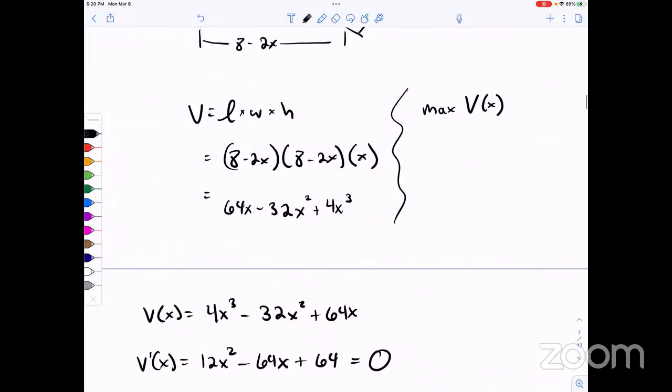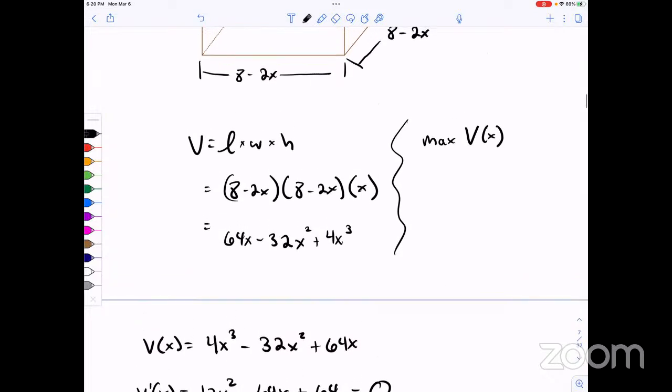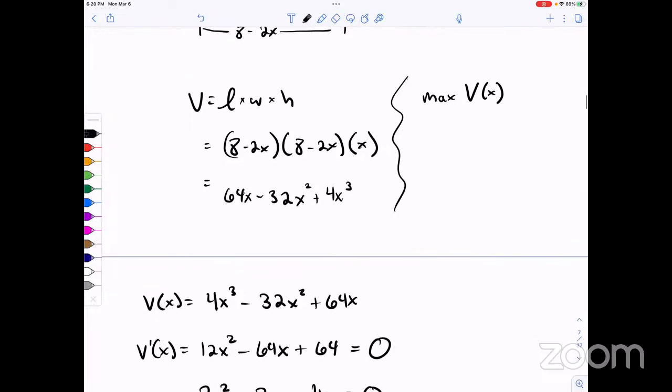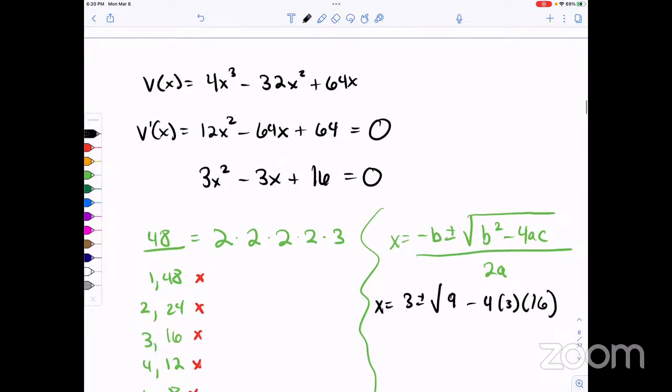We got a cube. It's usually when the derivative is either 0 or undefined, right? We didn't get a result there.